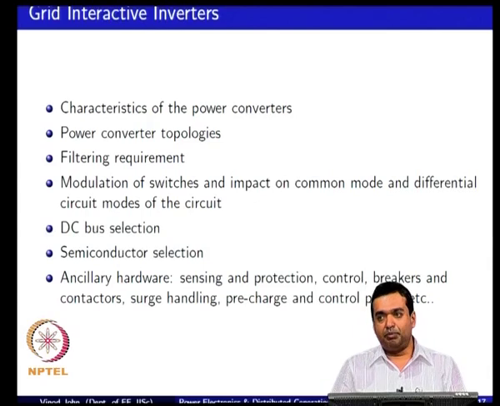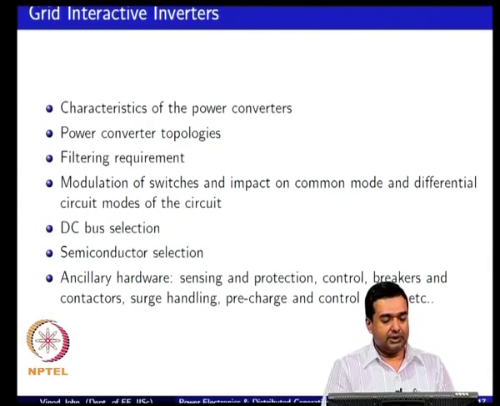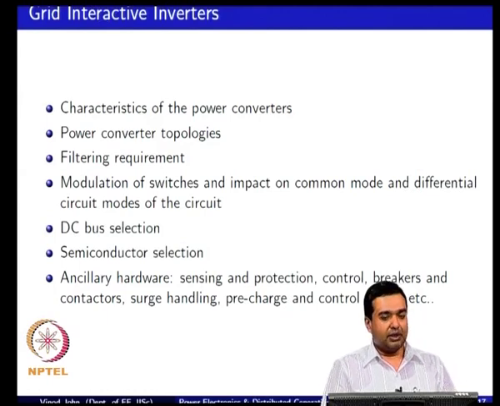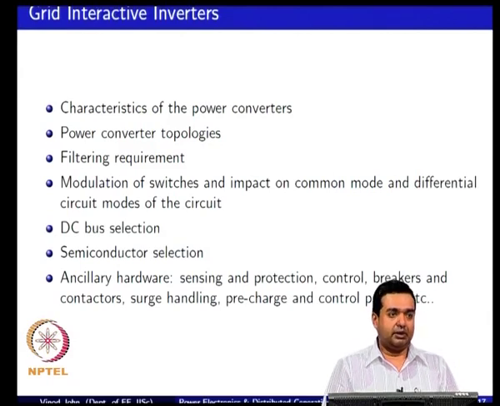Also, with any power converter, it is not just the main power circuit components. There is a lot of ancillary hardware. You have sensors, you have protection components in your power converter, you have your controllers. It might be small analog controllers or more sophisticated digital controllers.